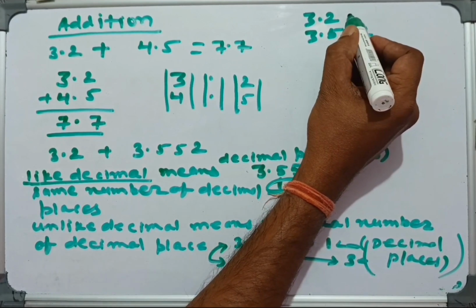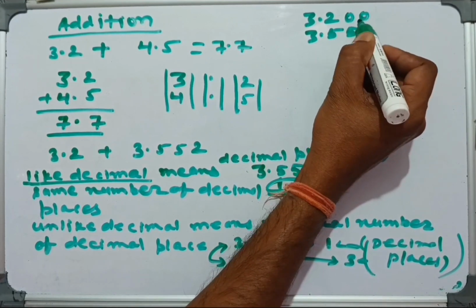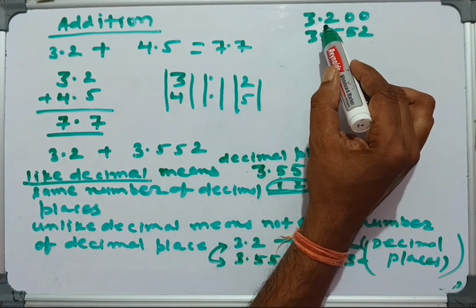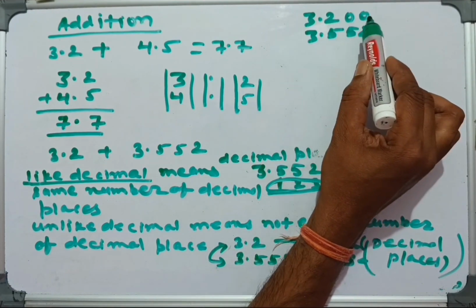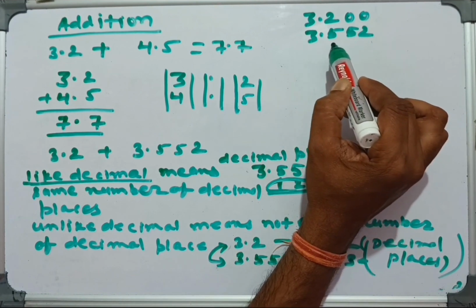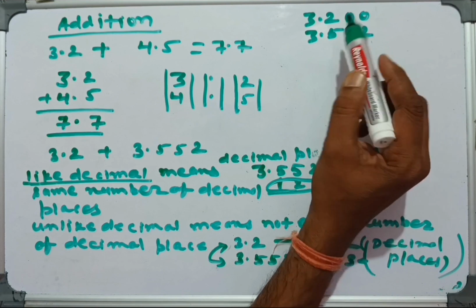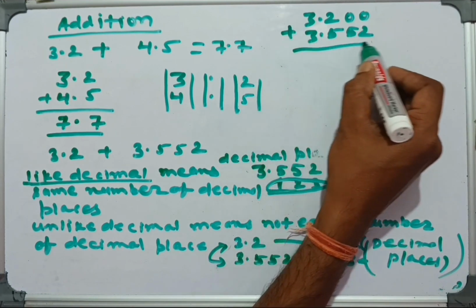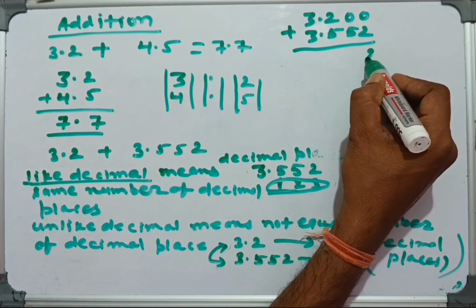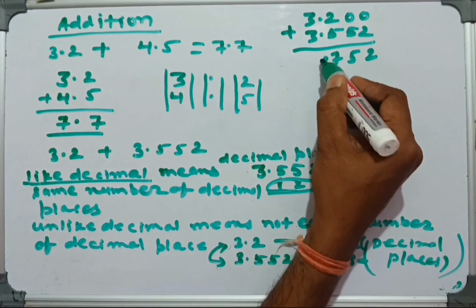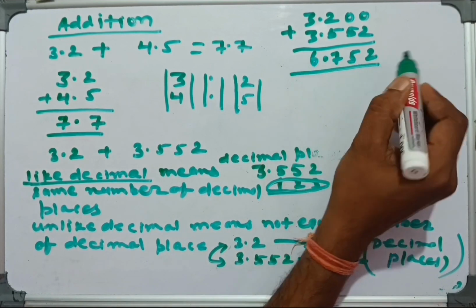So we will put 2 zeros here. Now count. There are 3 decimal places in the first number, and there are also 3 decimal places in the second number. Now it is easy to make an addition. This one is 2, this one is 5, this one is 7, this one is 6.